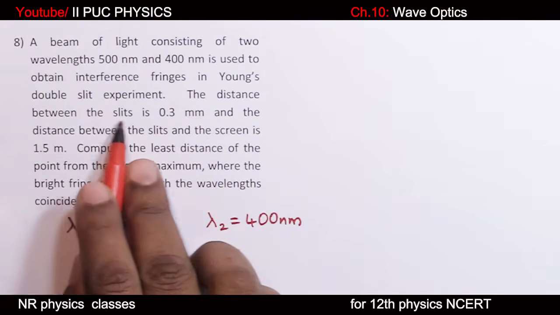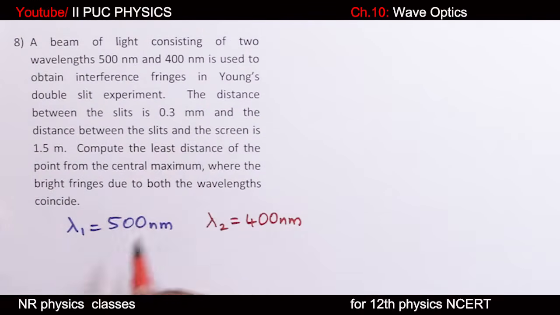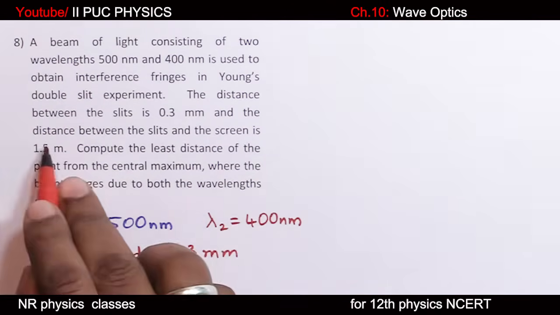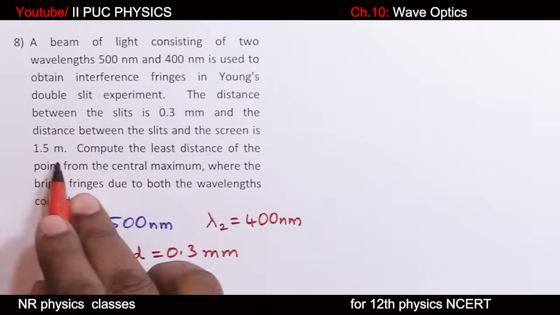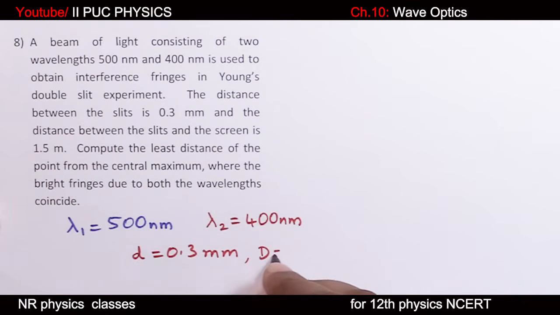The distance between the slits is 0.3 millimeter, so small d is 0.3 millimeter. No issues. And distance between slits and the screen is 1.5 meter. Capital D is 1.5 meter.